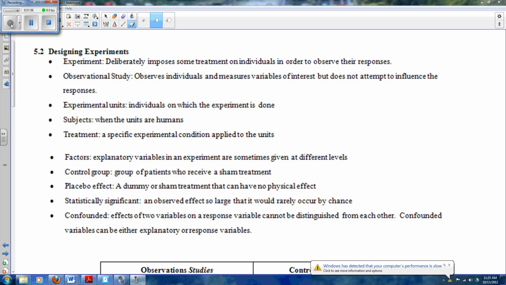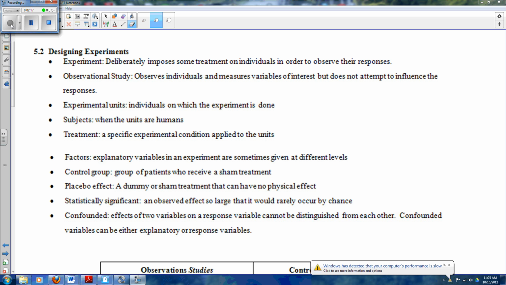A control group is a group of patients who receive a sham treatment. So usually they're receiving something, so they think that they're part of a study, but that has no medication in it or nothing that's actually going to help them to change what you're looking into. So the placebo effect is a dummy or sham treatment that can have no physical effect.